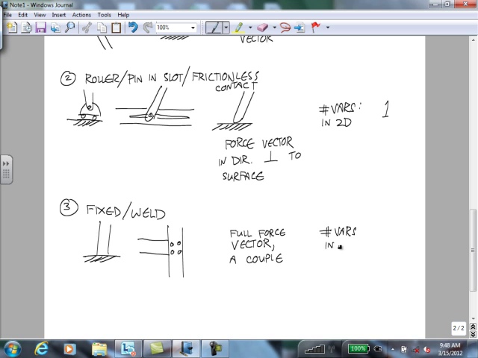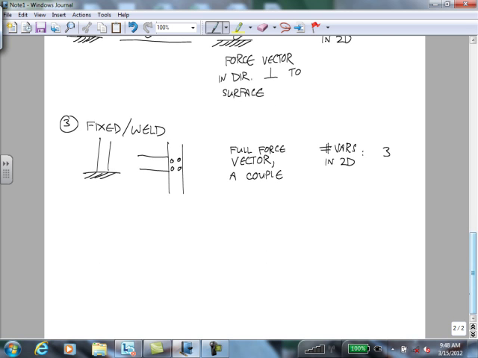In that case, we have a force vector along a line between the connections. And so the number of variables there is 1.